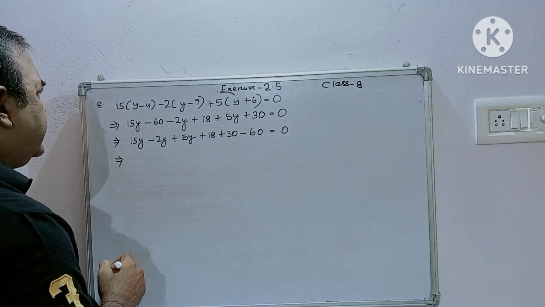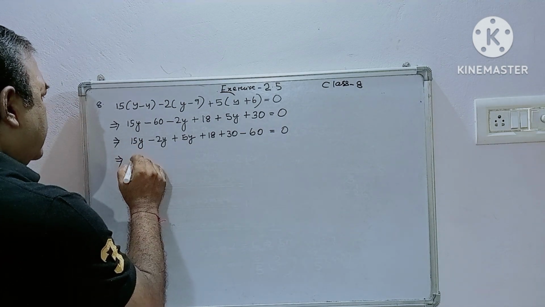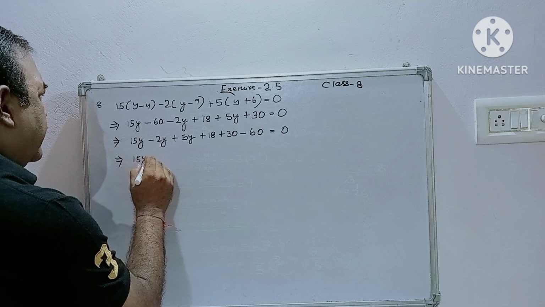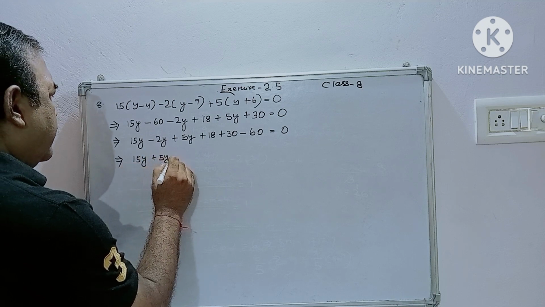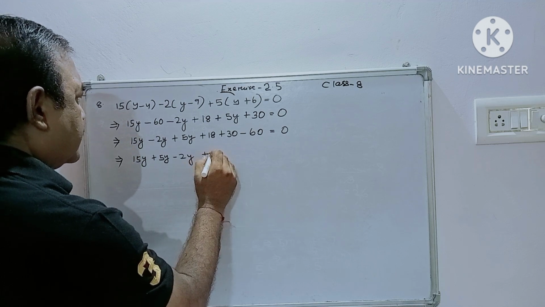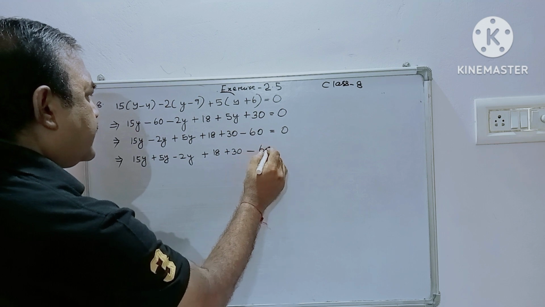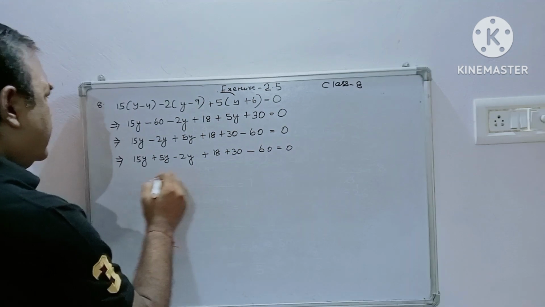That implies 15y plus 5y minus 2y plus 18 plus 30 minus 60 is equal to 0.